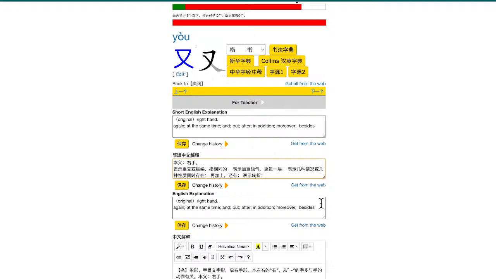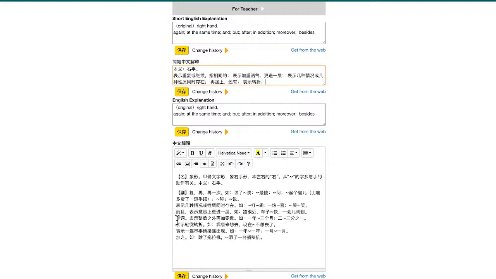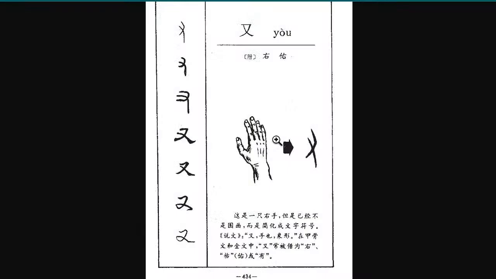So it's adding another thing, and that's called 又. You're adding towards something already there. If you look at the character itself, you can see this is the right hand, right here.